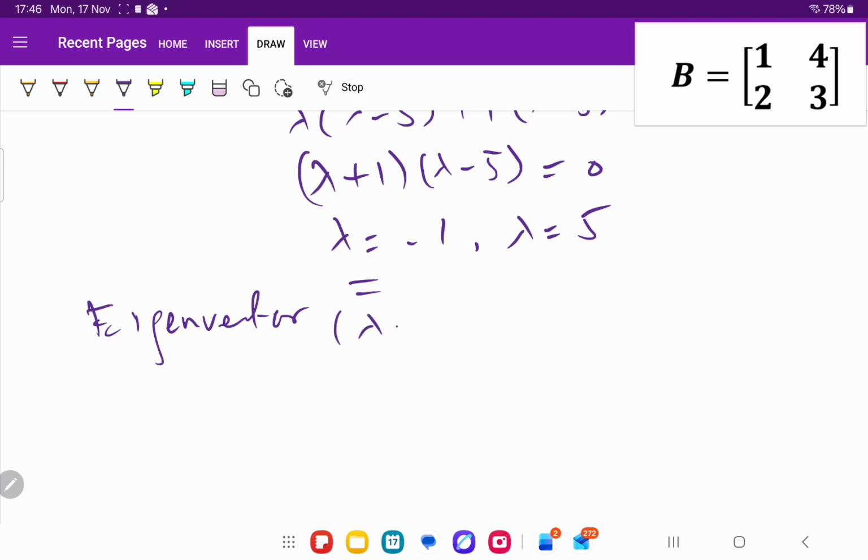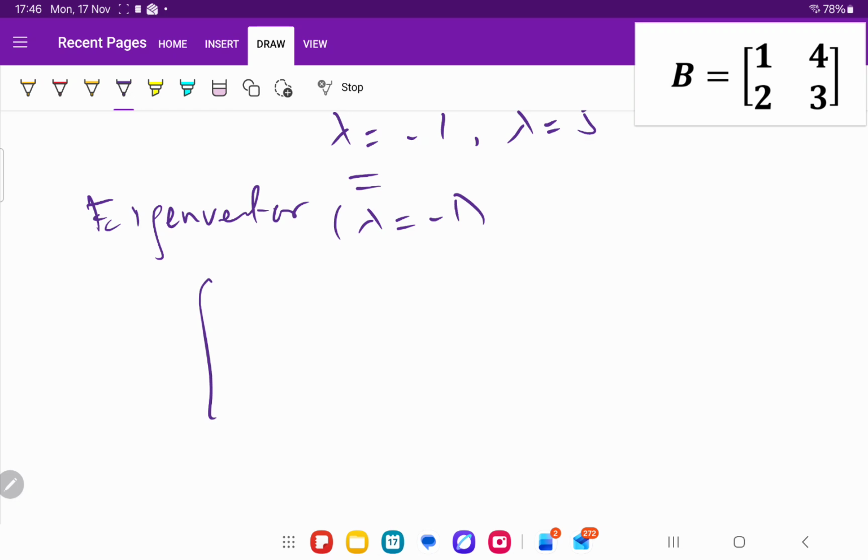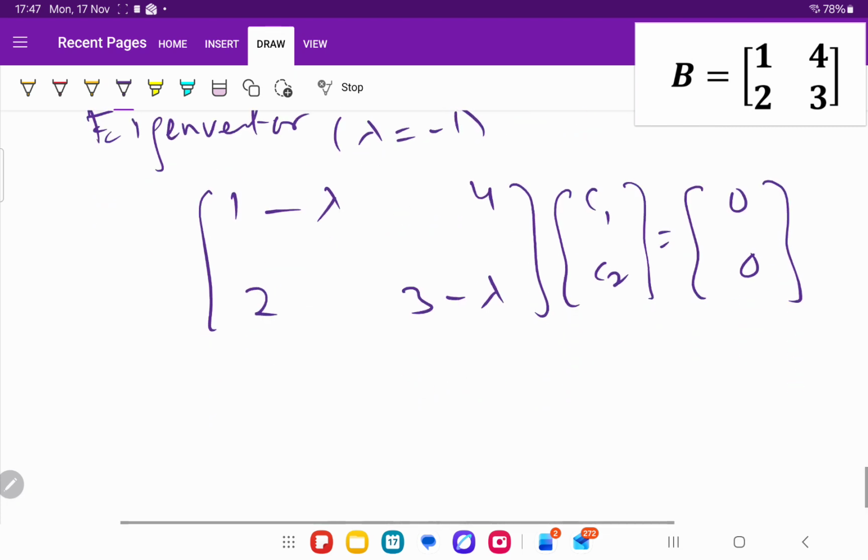Eigenvectors for lambda is equal to minus 1. So I told you just to write the characteristic equation in matrix form: 1 minus lambda, 4, 2, 3 minus lambda, times C1, C2, and the last column will be 0 all the time.